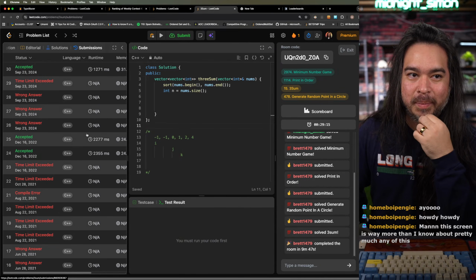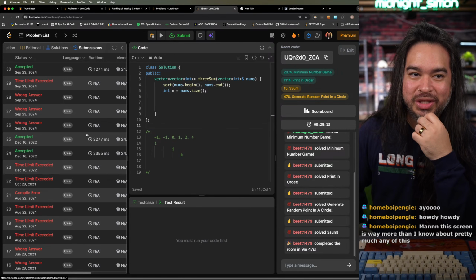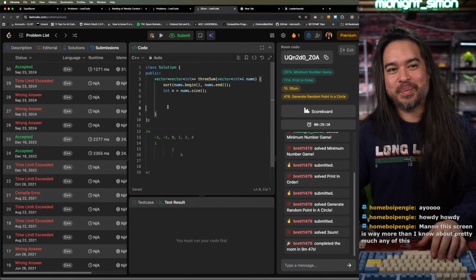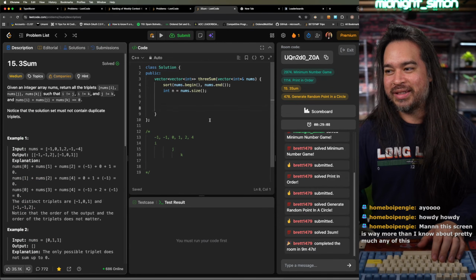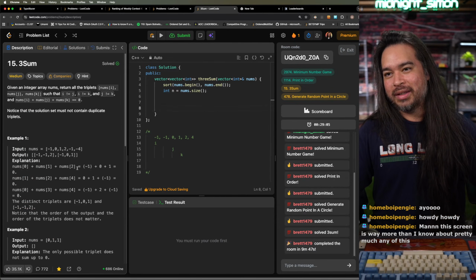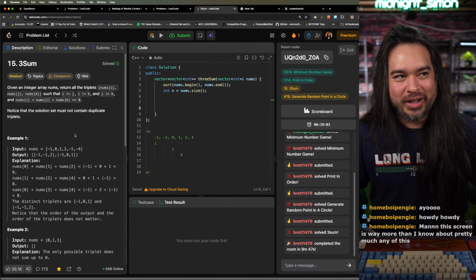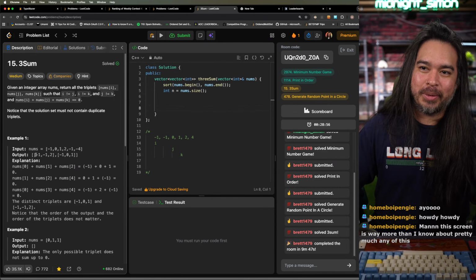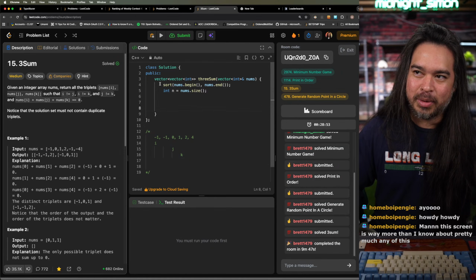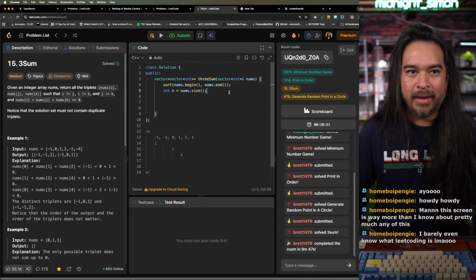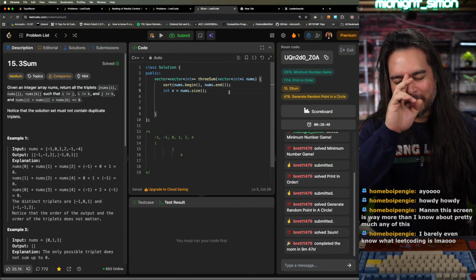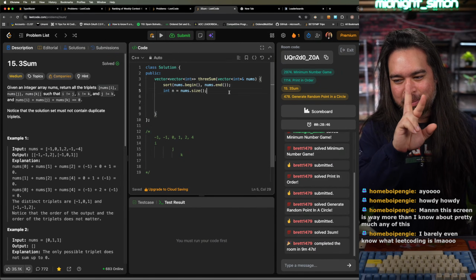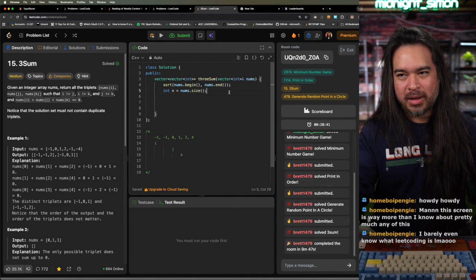Man, this screen is way more than I know about pretty much any of this. What? Oh, you mean you don't know about these LeetCode problems? All right, I don't know, Brett, if you're still around, man, I remember you actually taught me the trick to deal with the duplicates in 3Sum, but I just can't remember how to do that. I remember it has something to do with sorting, and then once you see numbers, you don't want to see them again, so you just skip them.